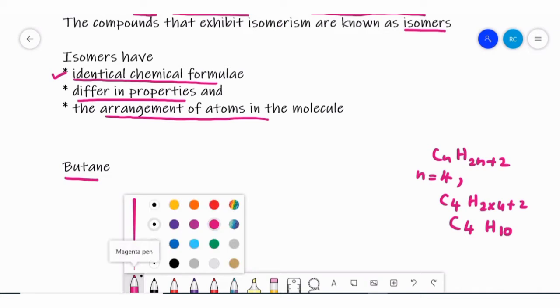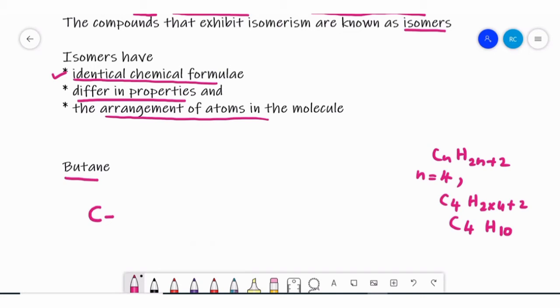We can represent this molecule in a normal structure as: first carbon, second carbon, third carbon, and this is the fourth carbon. So there are 4 carbon atoms and the number of hydrogen atoms will be 10.